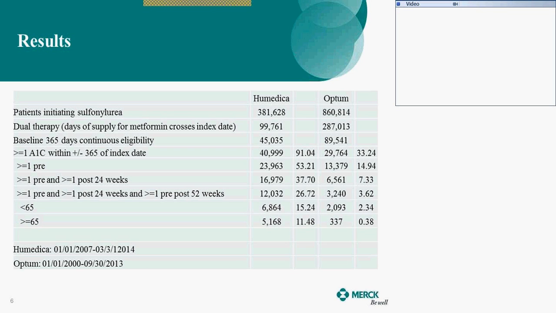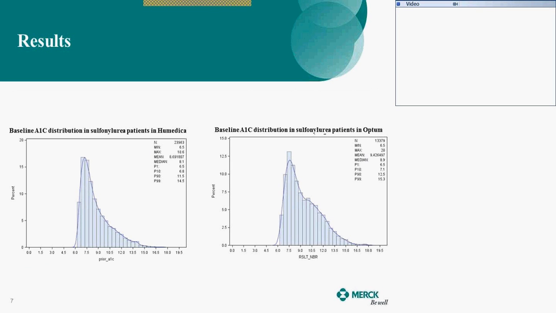Joe from Merck. Just one curious question about the difference in A1C level between the EMR database and the claims database. So I assume you're going to look at the patient demographic differences. Did you also consider that in the claims database, patients who have a claim may tend to be more severe cases? Is that a fair assumption or not? Yes, one of the things we're thinking of, especially for EMR comparing Humedica and GE.